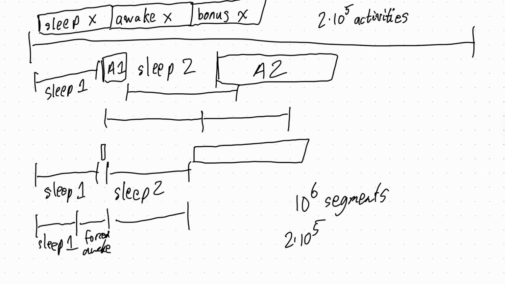Some might be skipped because we can get away with staying awake for longer and then sleeping for longer. In the restricted version, any such solution to the unrestricted problem can be converted to the restricted one, where we at most double the number of segments. So this is a viable strategy.